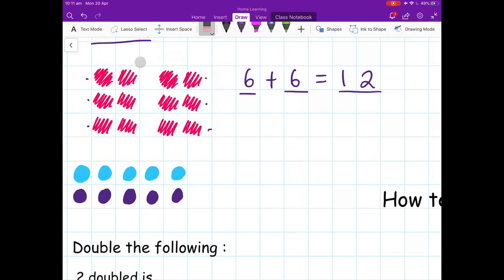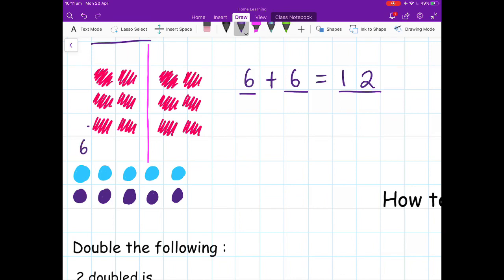I'm just going to show you one more thing, guys, before I move on. Oops, didn't mean to rub out that squiggle. I'll just leave the purple dot then. Okay, I have 6 squiggles. Oh, 12 squiggles. If I were to cut the squiggles in half, I have an even number on each side.